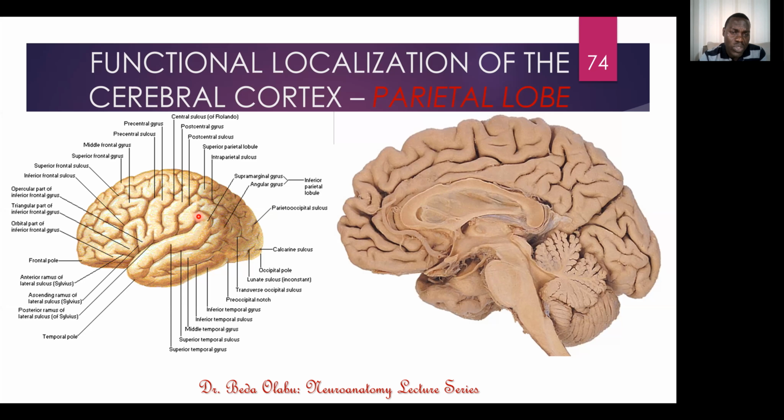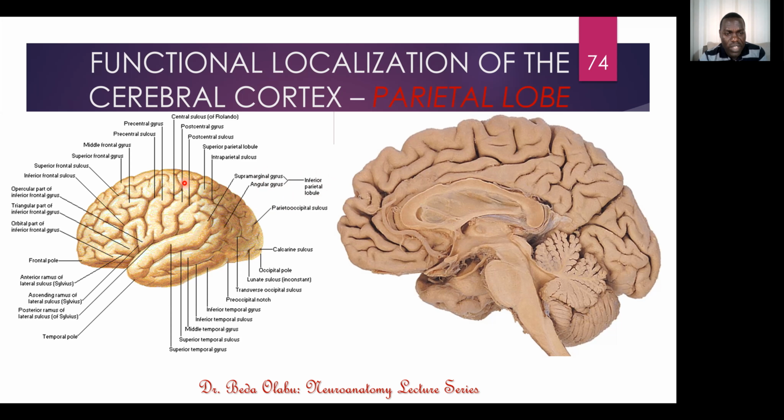The one in the anterior aspect, almost related to the lateral sulcus, is called the supramarginal gyrus. Then the one behind it is what we are calling the angular gyrus. Supramarginal and angular gyri are part of the inferior parietal lobe.